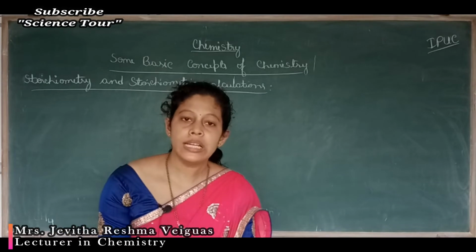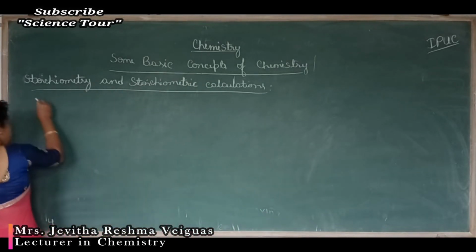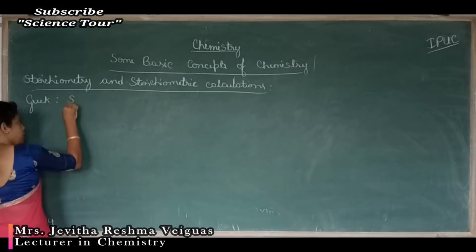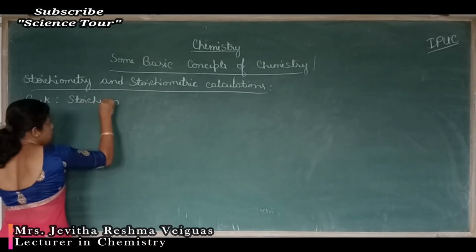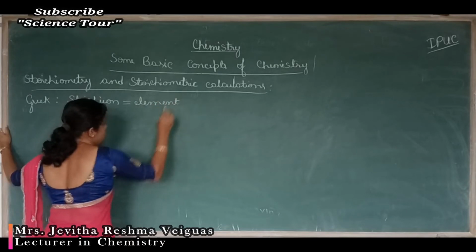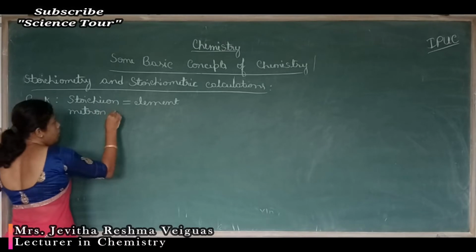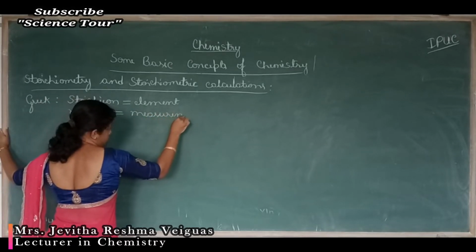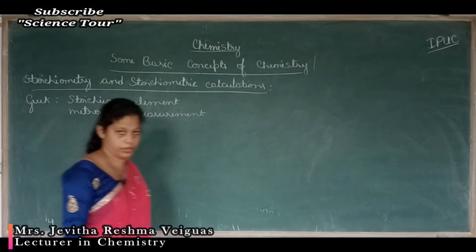This word is derived from 2 Greek words. In Greek, stoichion means element and metron means measurement. From these 2 words, the word stoichiometry is derived.